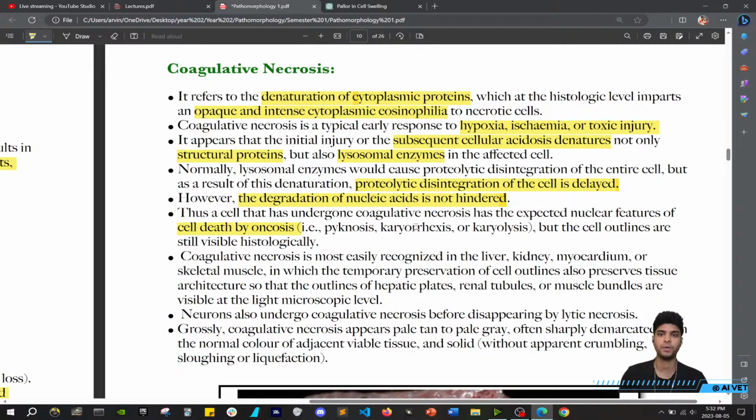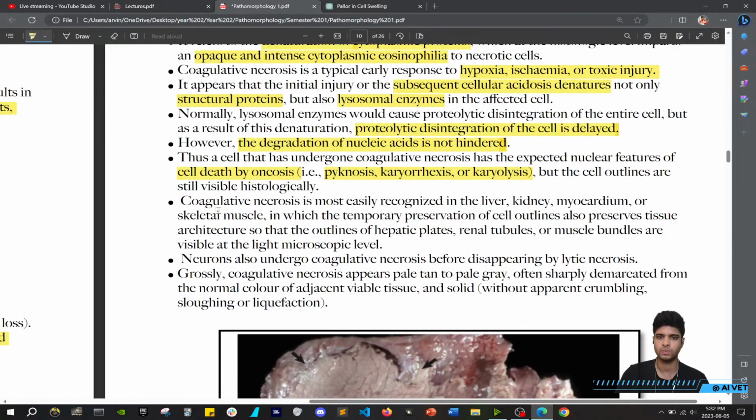Like karyorrhexis, karyolysis, and pyknosis. Cell death by causes means all these three things.